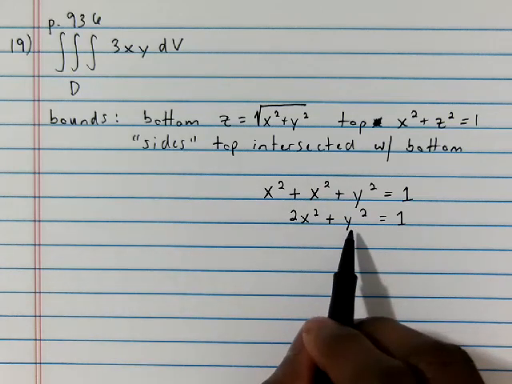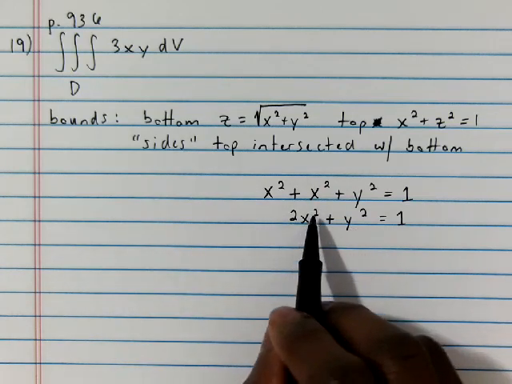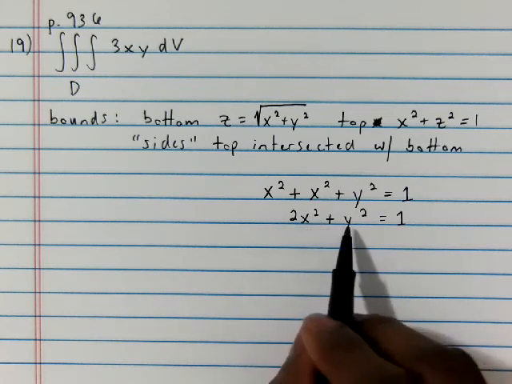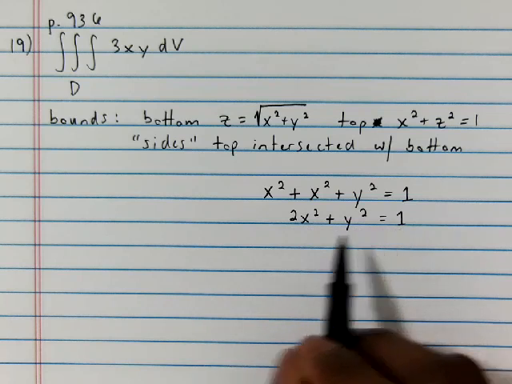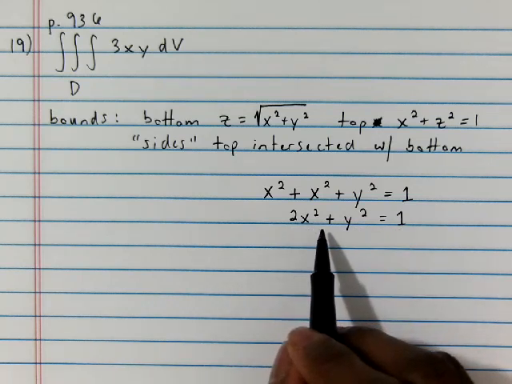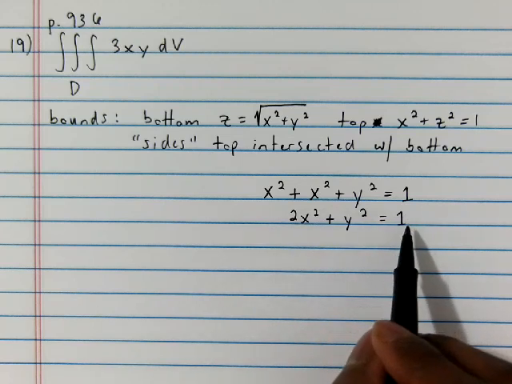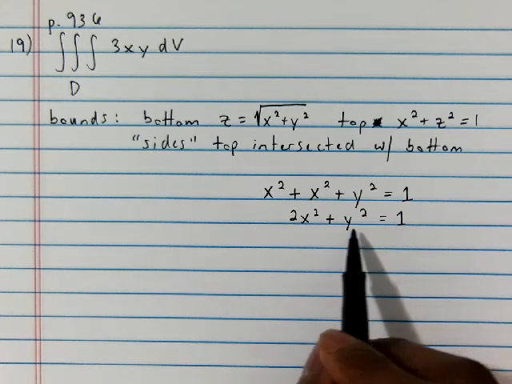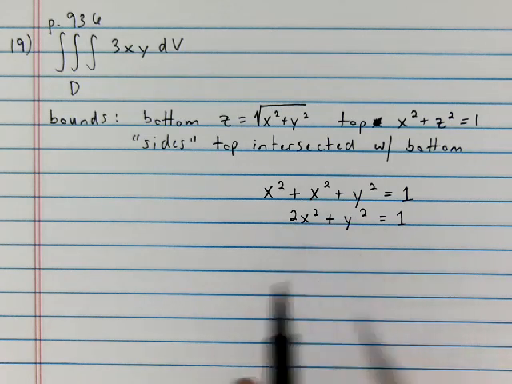Now, the ellipse form is x squared over a squared plus y squared over b squared equals 1. But you really don't have to worry about all of that. You just have to plug in some values, and you all should kind of know from quadric surfaces, when I talked about conic sections there, that this would be an ellipse.